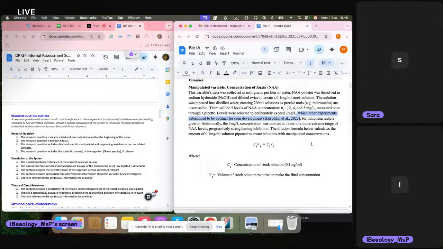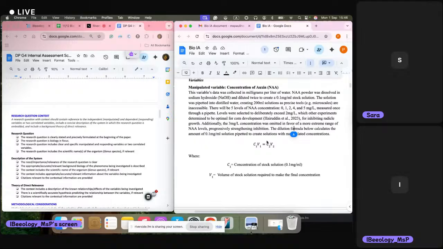For inhibiting radicle growth, the additional 3 milligrams concentration was omitted in favor of a more extreme range of NAA levels, progressively strengthening inhibition. Once again, 4 is 100% over, and 5 is 150% over. Crazy.